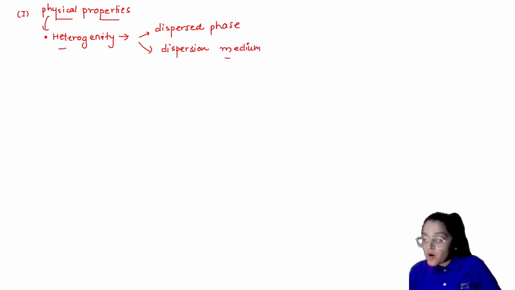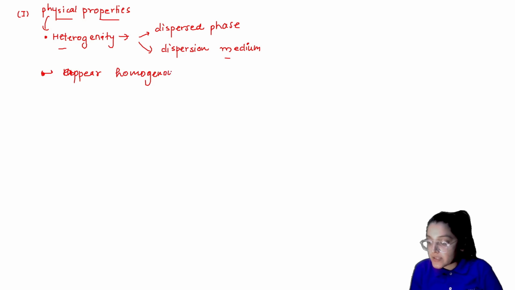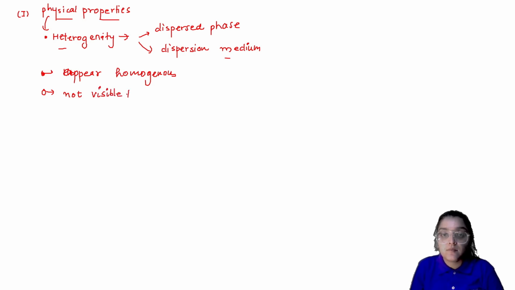Now the visibility of the particles. Because these particles appear homogeneous although they are actually heterogeneous, they are not visible to the naked eye. Please remember, these are not visible to the naked eye.